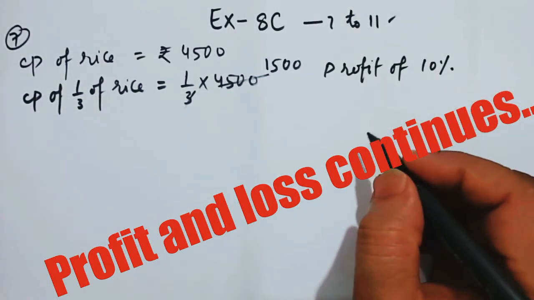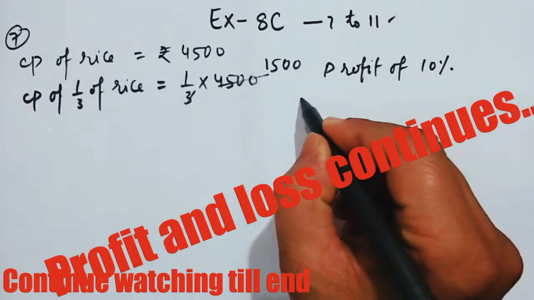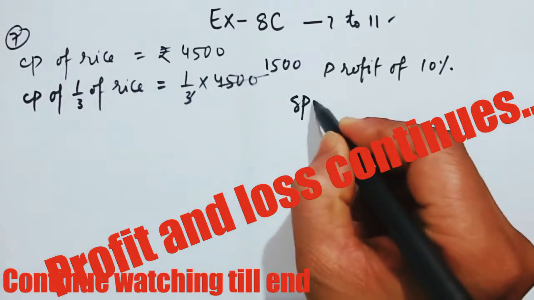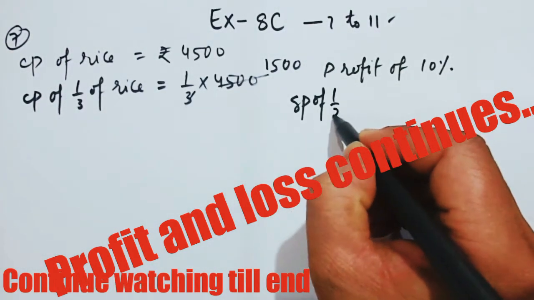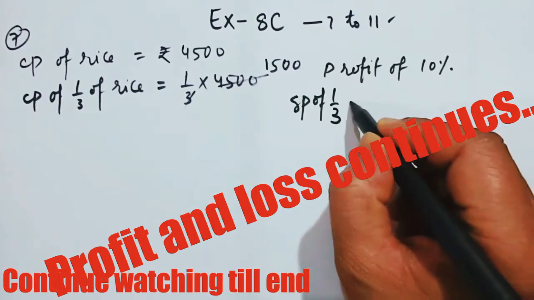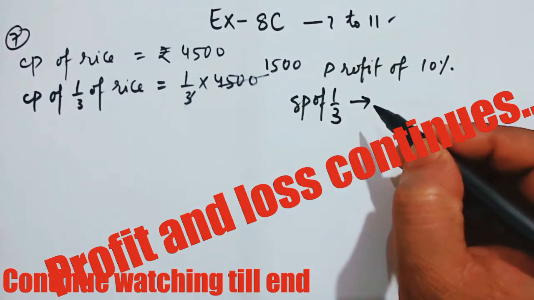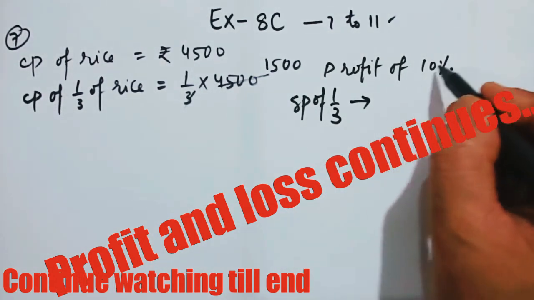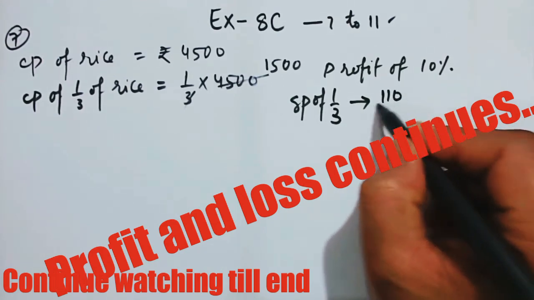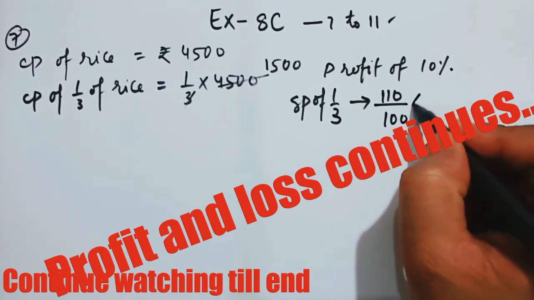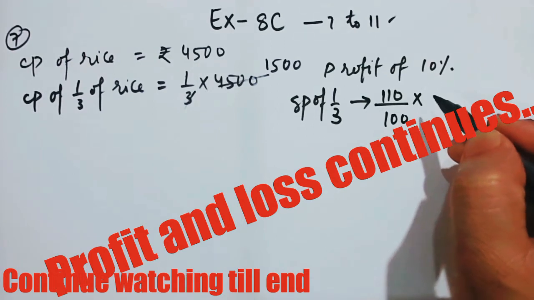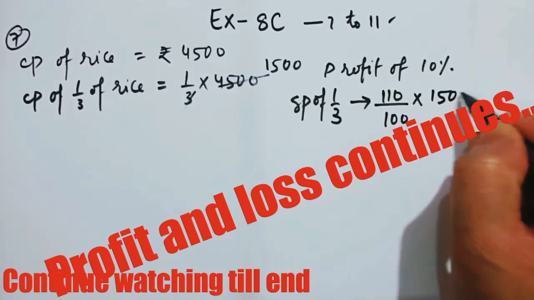So the selling price of 1/3 rice will be equal to, again use the formula, 100 plus gain percent, that is 110 by 100 multiplied by cost price. Cost price is your 1500.